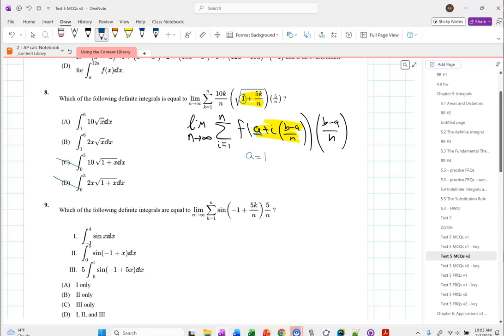All right, so far so good? So that means my xi would be 1 plus i times 6 minus 1 over n, right?